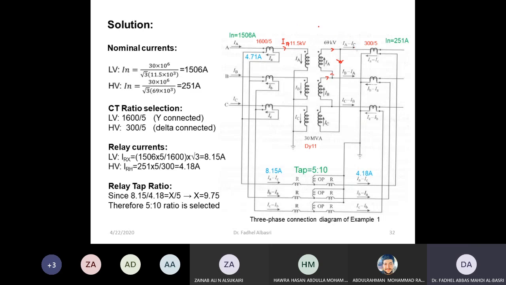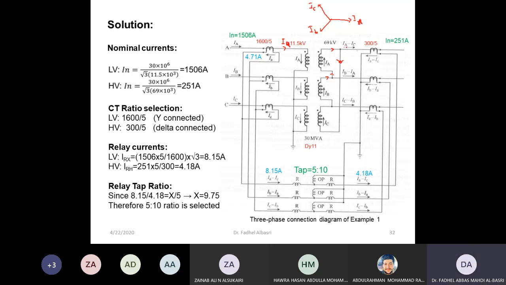Now as a vector group, if I say this is IA here, IB here, and IC here, I'll put a small letter better. So IA for the LV side, IB and IC, which is this IA, small letter.